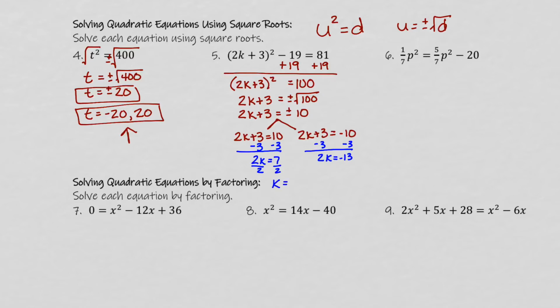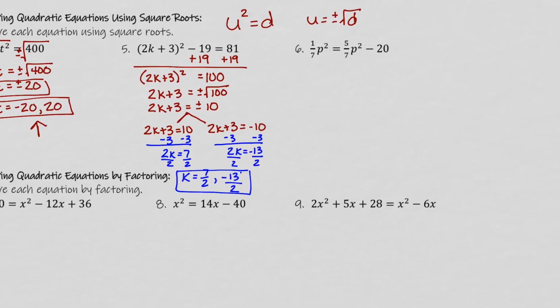So I get k equals 7 halves, or 3.5, but we're going to leave it as 7 halves. And then I divide this one by 2 also, so another answer is negative 13 over 2. So that means this equation will cross my x-axis at 7 halves and negative 13 halves.